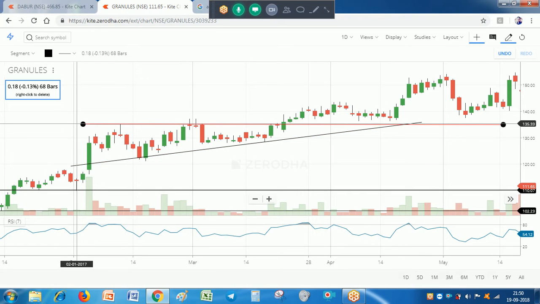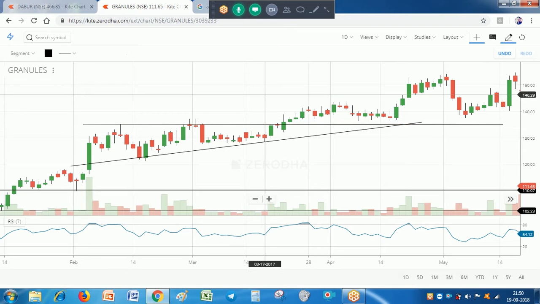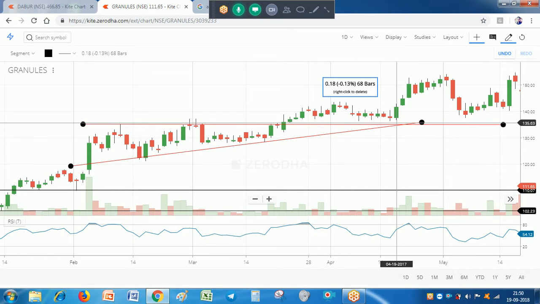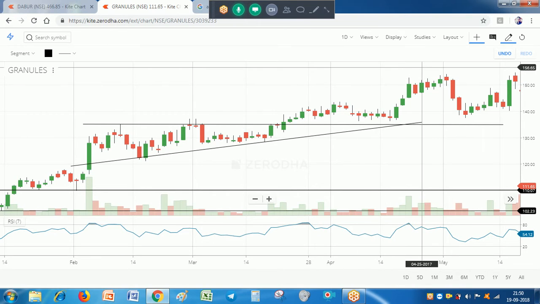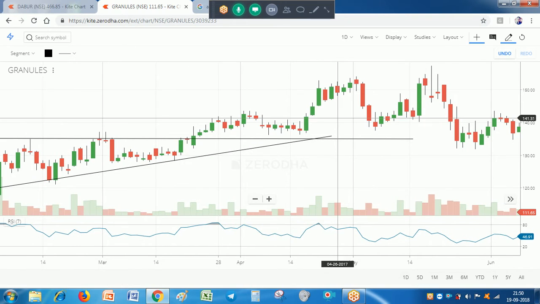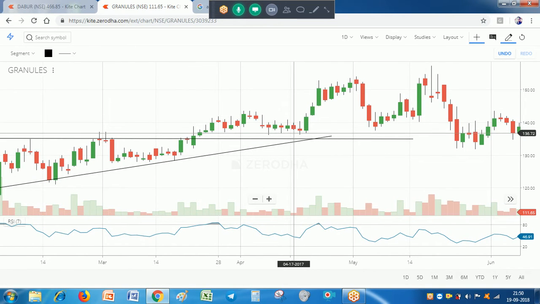So approximately 15 points are there. So now we have to see whether it has given 15 points or not. 135 to 153. Okay, so exactly we can say it has given us exactly 15 points. Exactly 15 points are done by the stock.